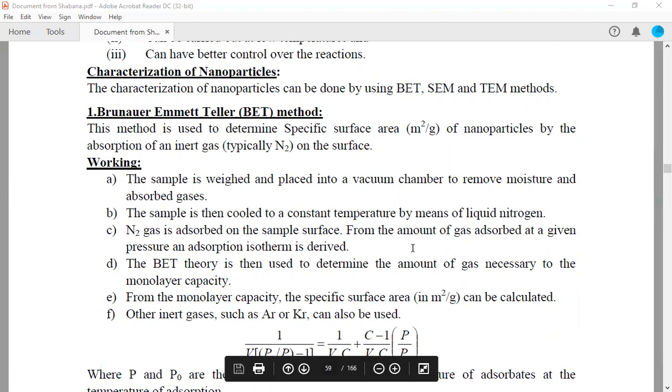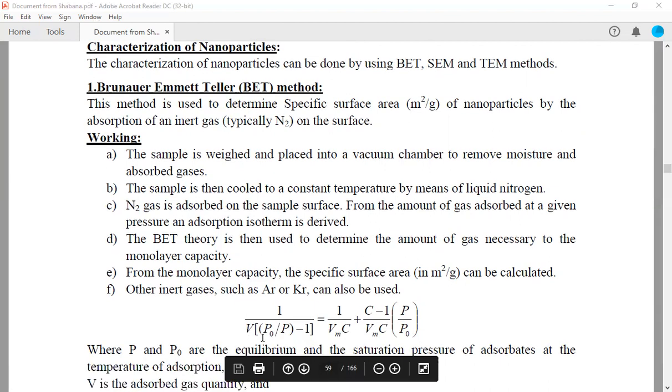Brunauer, Emmett and Teller gave the relation and the formula to determine the specific surface area of the nanoparticle, that is, 1 by V into (P naught by P minus 1) is equal to 1 by VmC plus (C minus 1) by VmC into P by P naught.